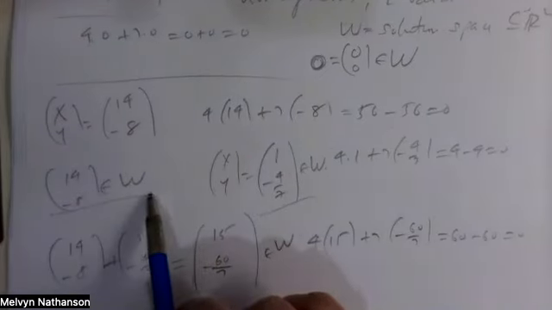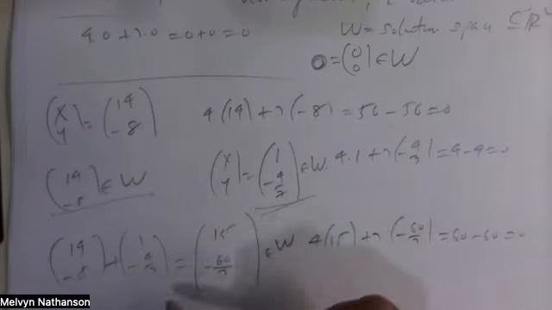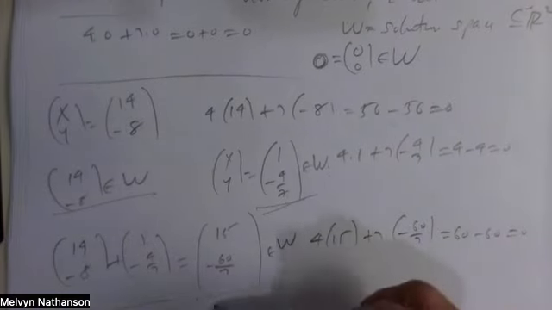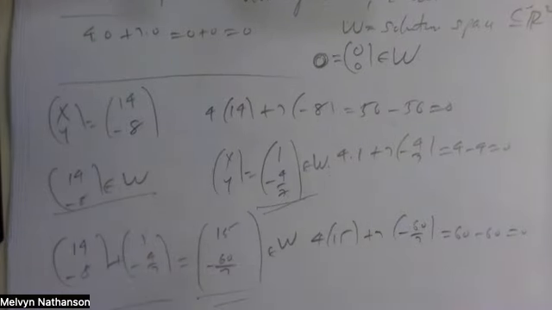This vector is a solution. This vector is a solution. And when I add them, I get another solution. That's all we're saying: if you have a homogeneous equation, the sum of 2 solutions is a solution.